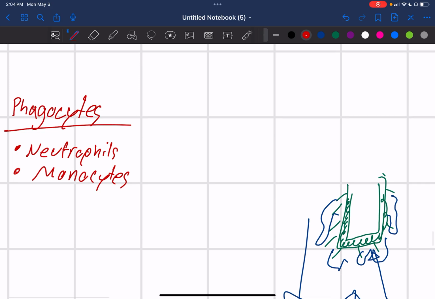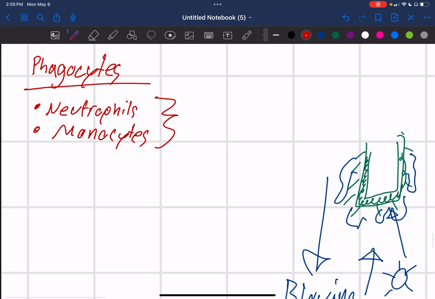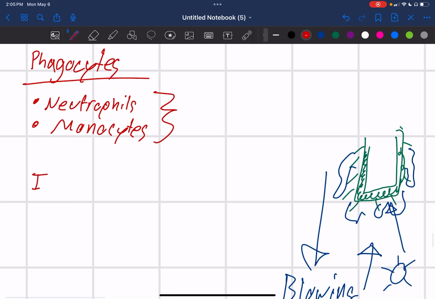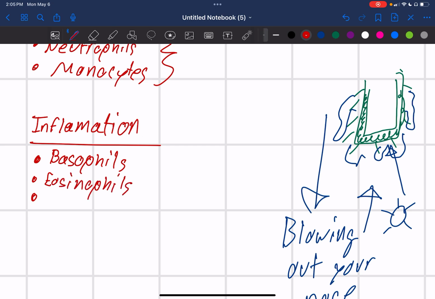Then we also have cells that are responsible for inflammation. This is really important, and I'll talk to you guys about it right now. These specialized cells for inflammation consist of basophils, eosinophils, and mast cells.